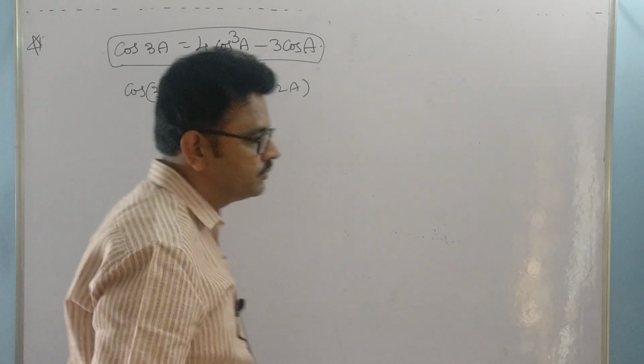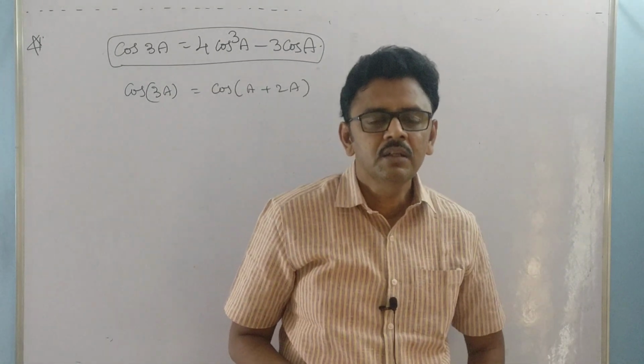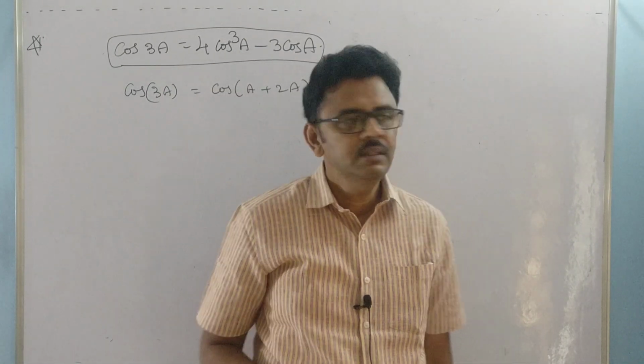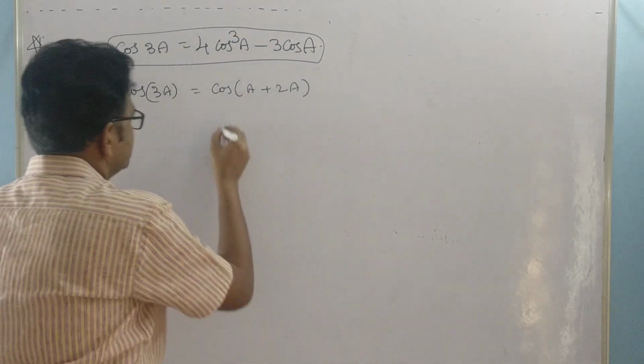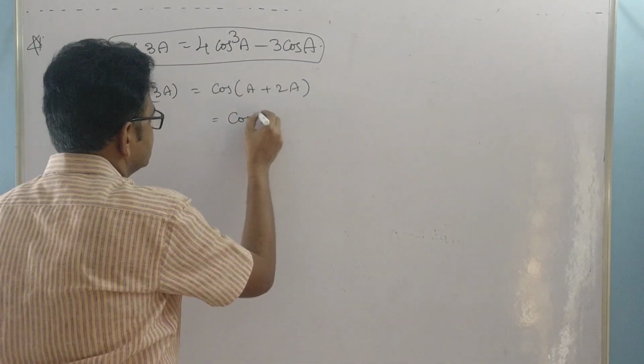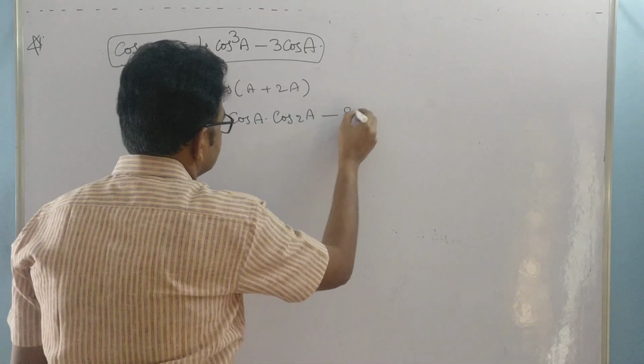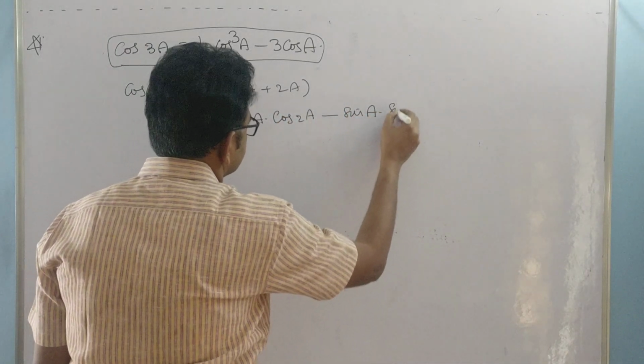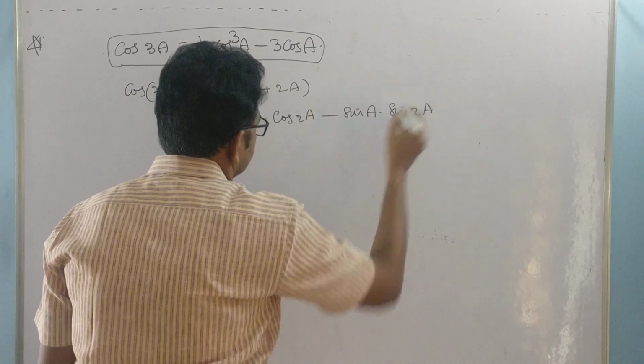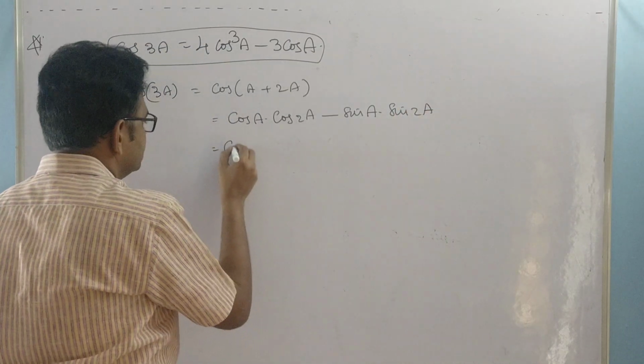Now this is cos of A plus B form, cos A cos B minus sin A sin B. So this is cos A into cos 2A minus sin A into sin 2A.